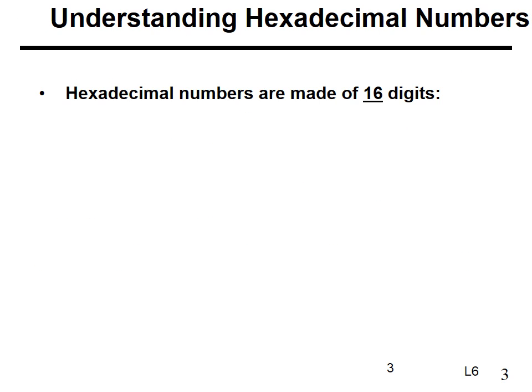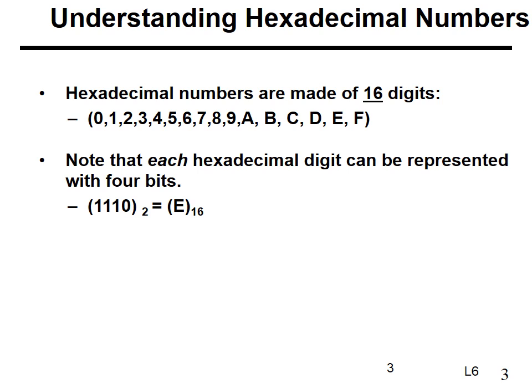Hexadecimal numbers have base 16. If you're counting in hexadecimal, you go 0, 1, 2, 3, 4, 5, 6, 7, 8, 9, then A, B, C, D, E, and F. So A is equal to decimal 10, B is decimal 11, C is 12, D is 13, E is 14, and F is 15. But why we like hexadecimal numbers is that each hexadecimal digit is equal to 4 binary digits.